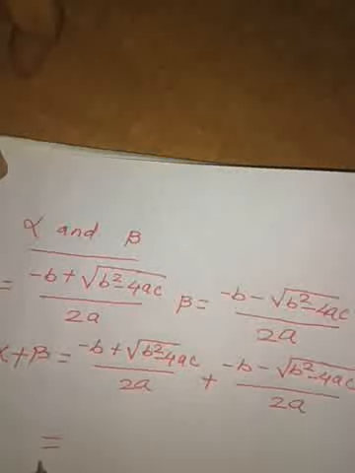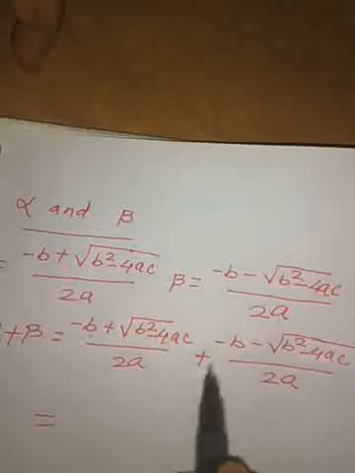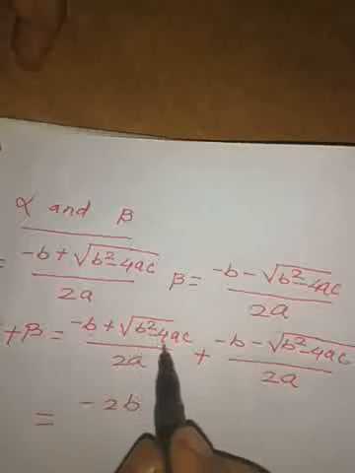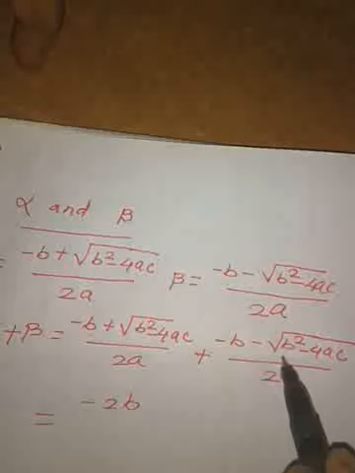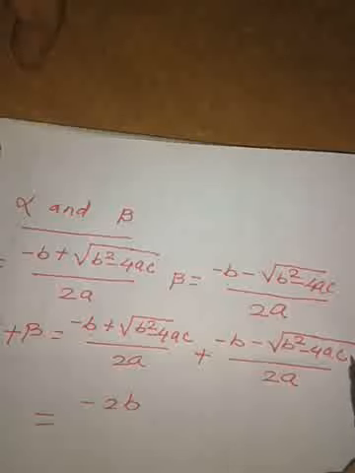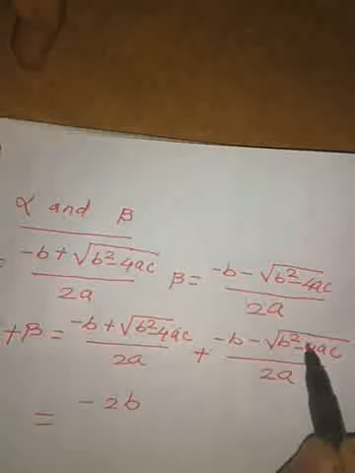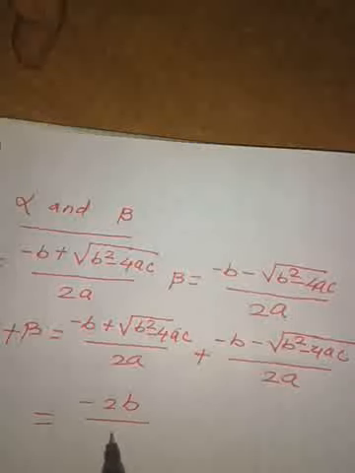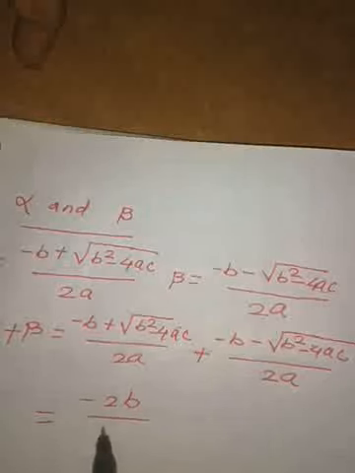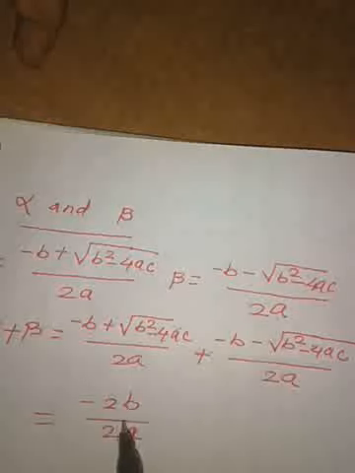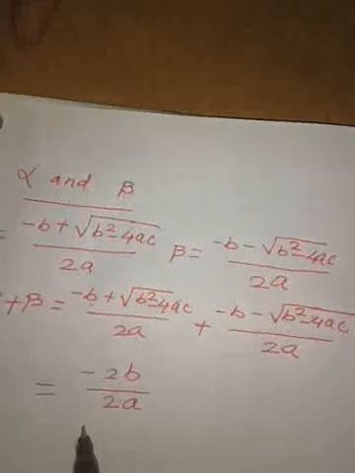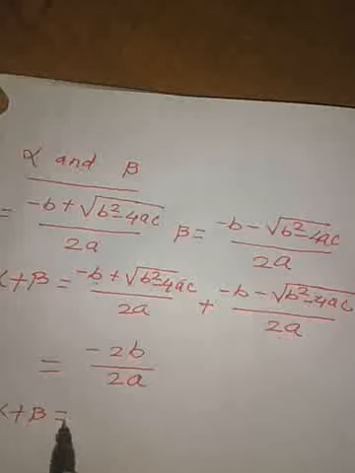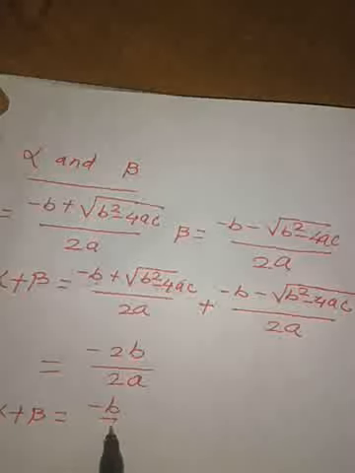Then if we add this, minus b plus minus b will be equal to minus 2b. The square root of b square minus 4ac terms will get cancelled, and the denominator is the same, that will be 2a. Then this 2 will get cancelled and we get alpha plus beta is equal to minus b upon a.